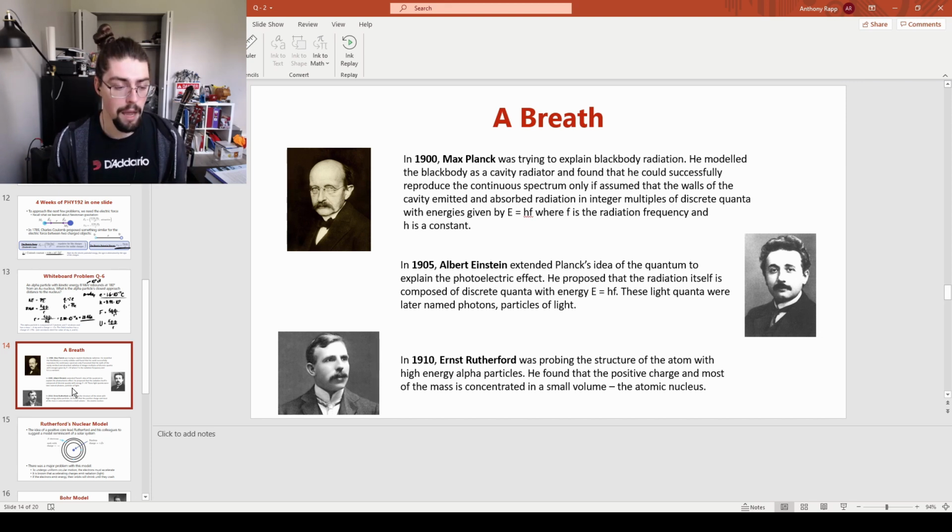What really put him on the map, it wasn't just the E is equal to mc squared stuff. It was actually his description of the photoelectric effect. By explaining the photoelectric effect using Max Planck's quanta description, quanta meaning discrete values, we had a complete description of why it only worked with certain colors of light.